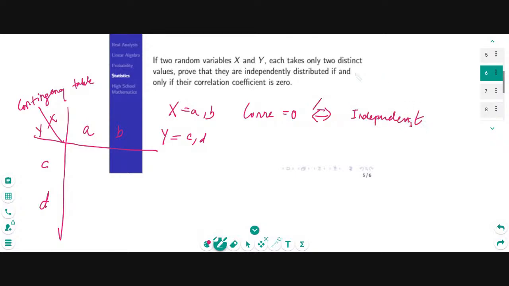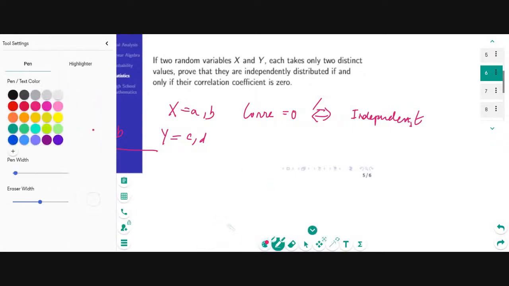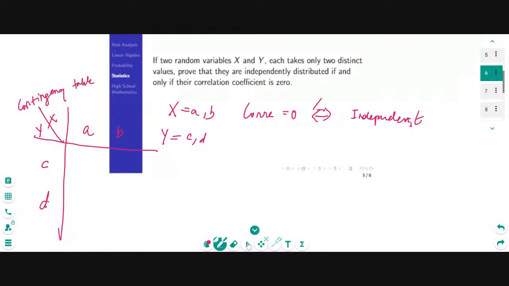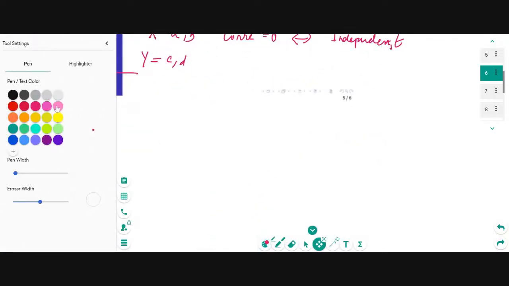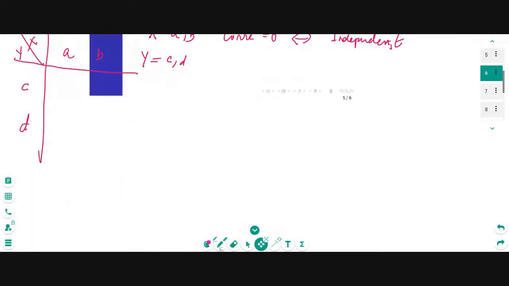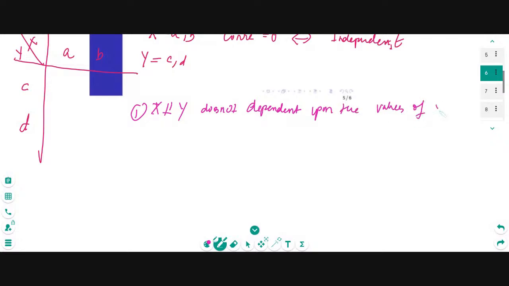So we'll make some assumptions. First, some observations, you should write like this. Observation 1: independence, X is independent of Y, does not depend upon the values of X and Y. That is, it doesn't depend on whether it takes A and B or A dash or B dash.